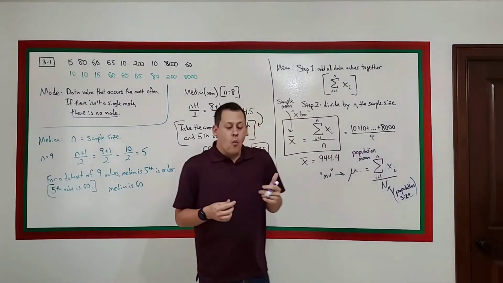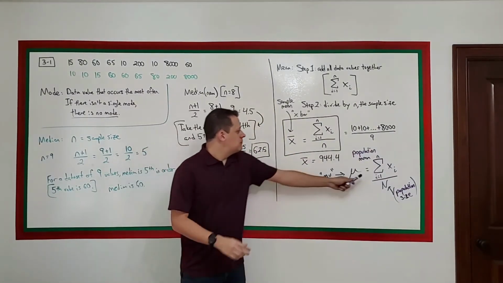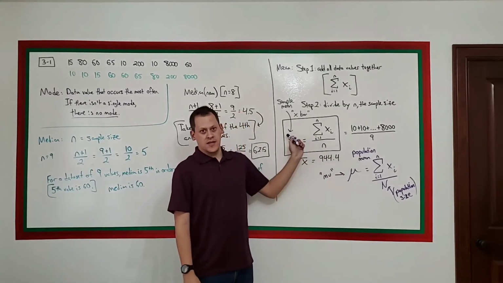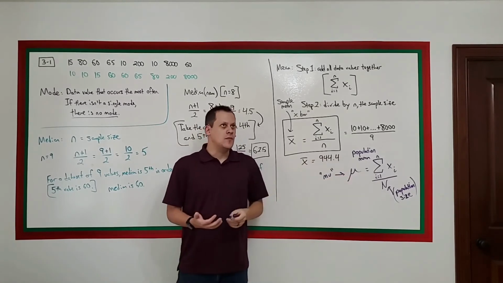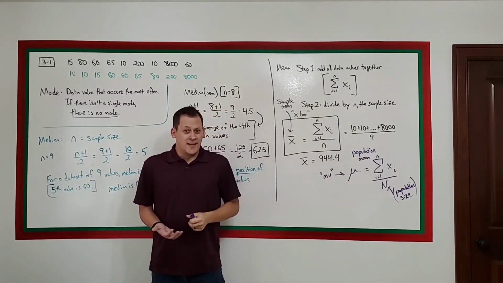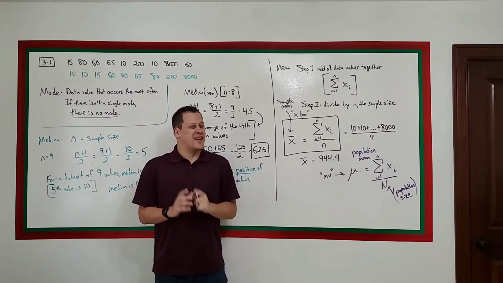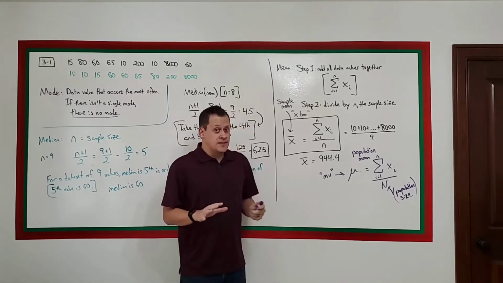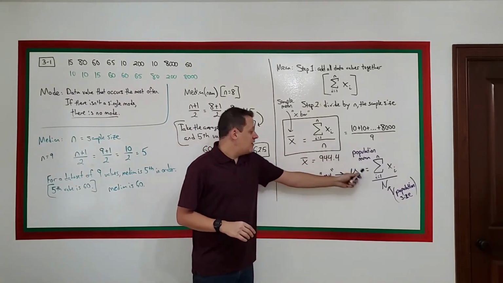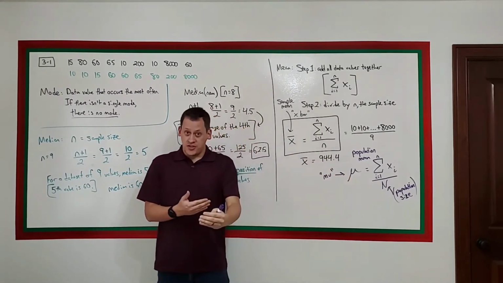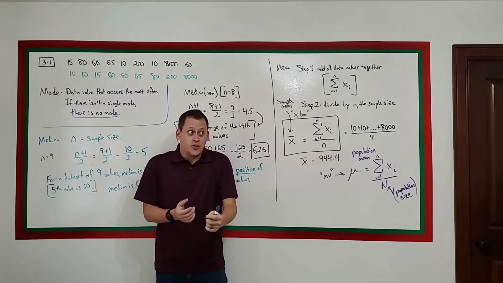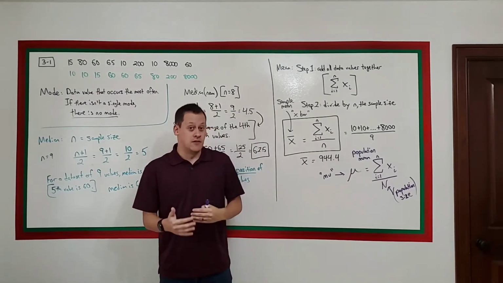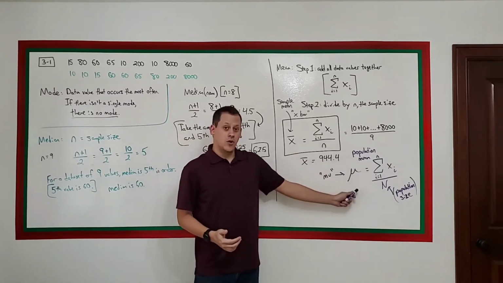Okay. If the formula is the same, which it really is, why are we making a big deal about whether it's from a sample or a population? This is a question that will be answered in future statistics courses. We're not really going to touch that this semester, but it does make a difference because although this calculation is the same, there are other statistics that you'll calculate, including one in the next section that we'll talk about, where the calculation is different, whether it's a sample or a population.